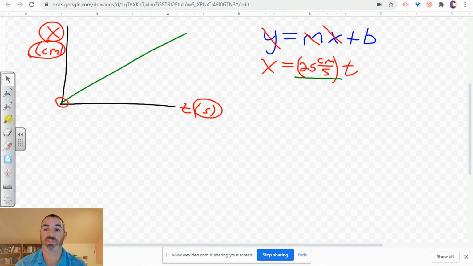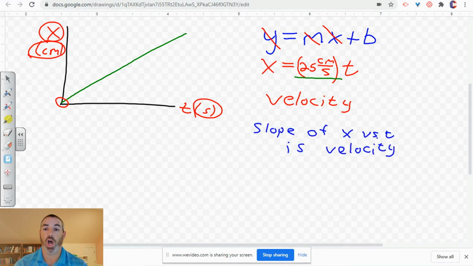So our slope tells us that the car is going to move 25 centimeters in 1 second. We don't necessarily want to talk about the slope meaning rise over run. We need to talk about its physical meaning for each lab. So in this case, the physical meaning is velocity. So our slope represents the velocity, or in this case, the average velocity.